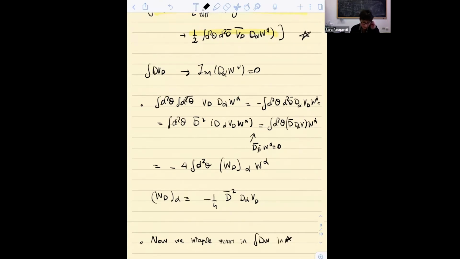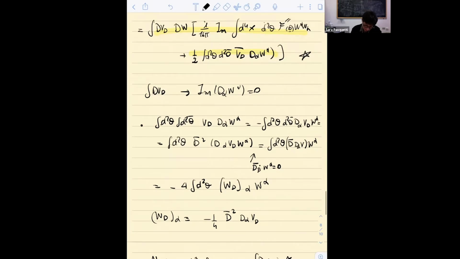So now the integral over dW, once you have rewritten this part in this form, is just a Gaussian integration.